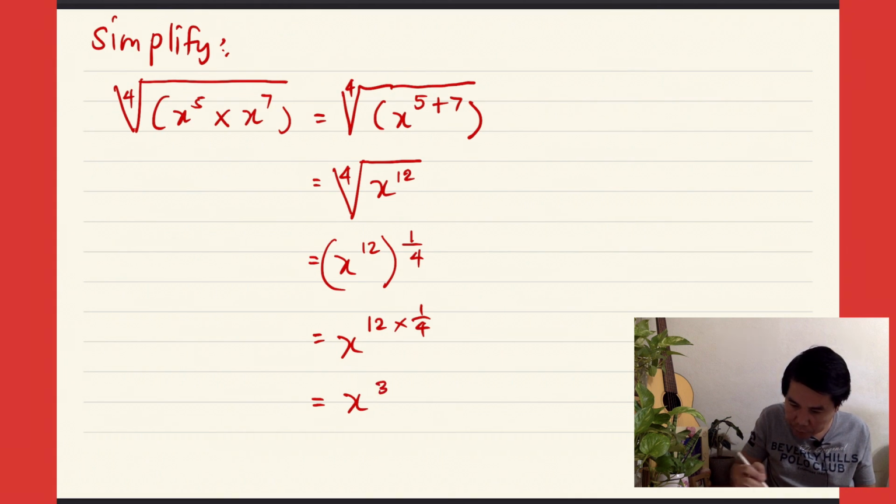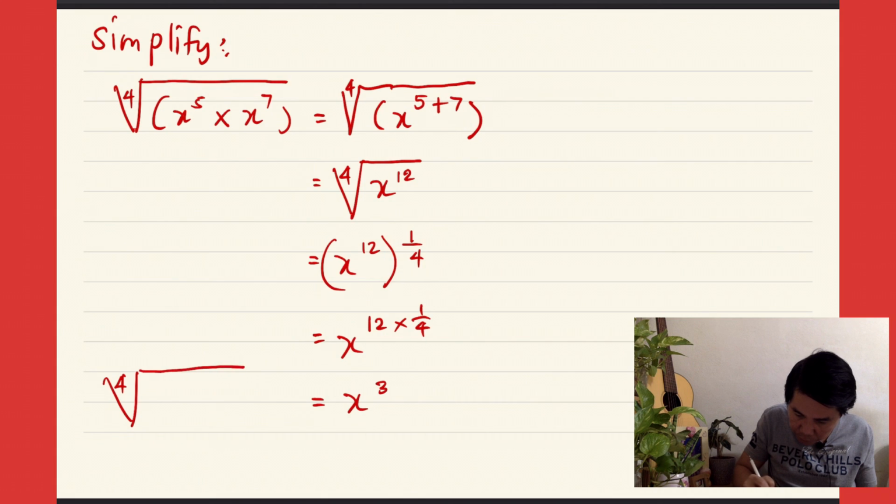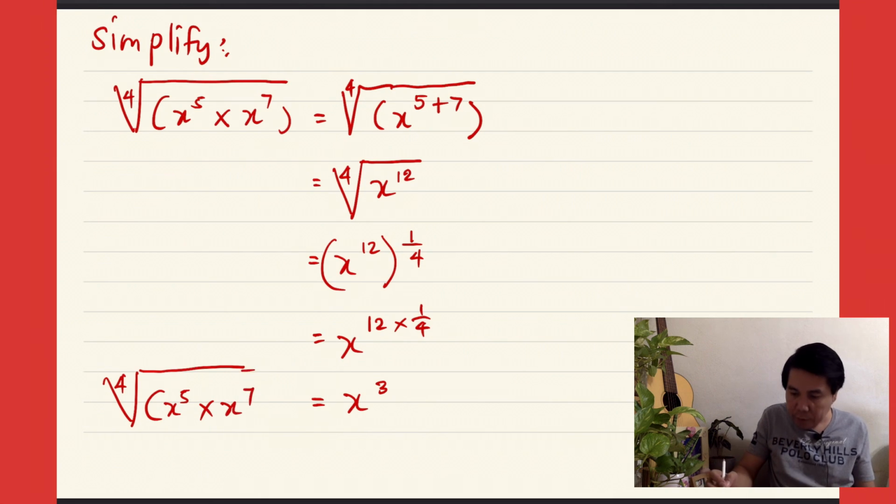So that's the answer. So we have now the fourth root of x to the fifth times x to the seventh is equal to x raised to the power of 3. This is our answer.